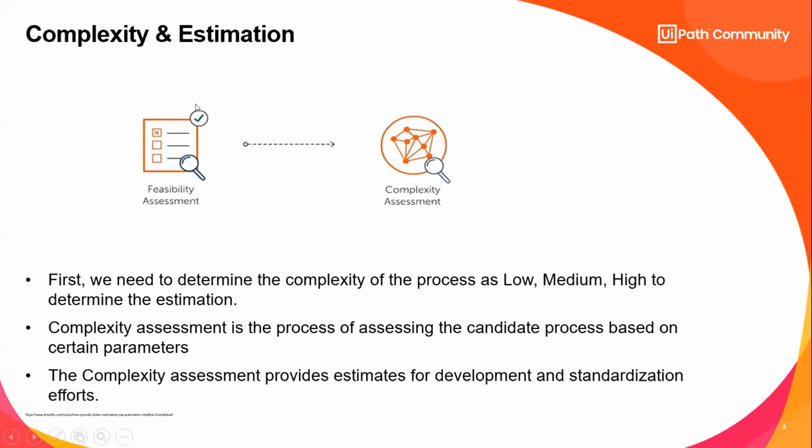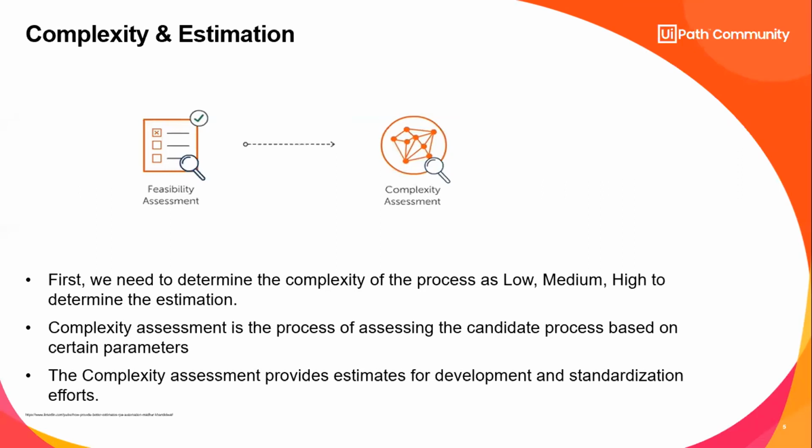Once you're sure that the process is feasible, you do the complexity assessment for that process, and the complexity is determined as low, medium, or high. Once we have the feasibility and complexity study done, only then can we arrive at the correct estimates for the process. So what do we mean by estimation?